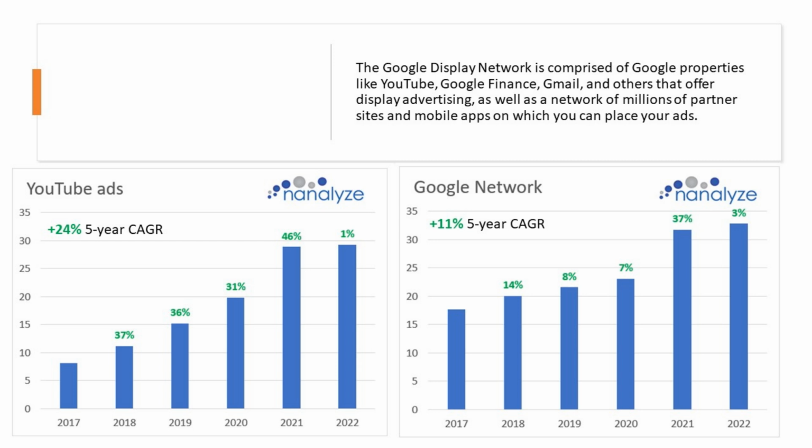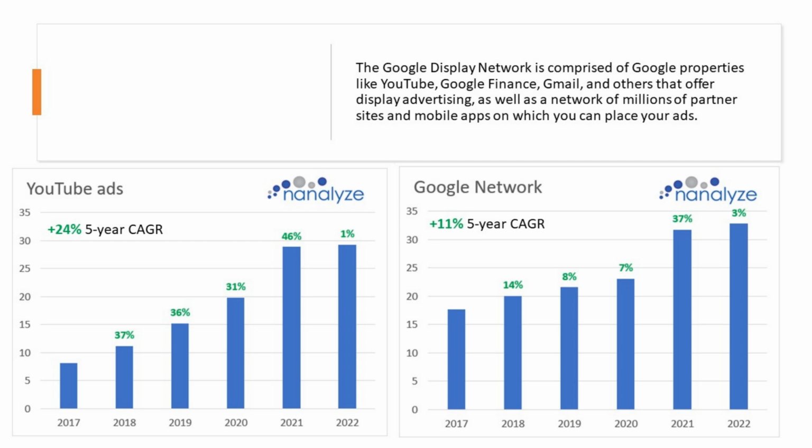Then you can see Google Network here on the right. These are things like AdSense, and when you're a company advertising products or services, and you utilize Google's network of partners, you can see that they have a boost there of 37% in 2021. But again, their ad spend is tailing off last year. So this Google Display Network is defined above.